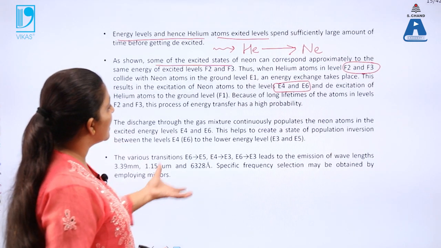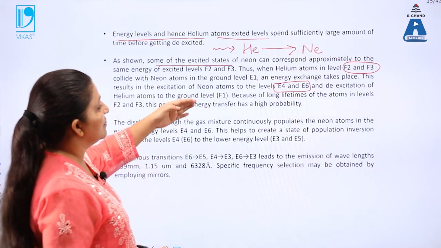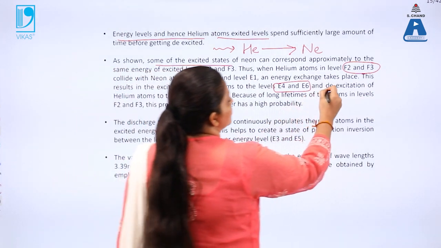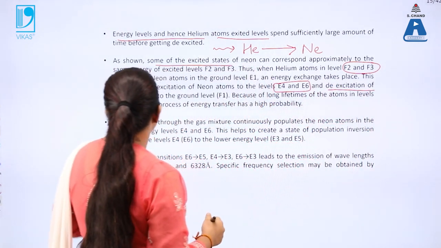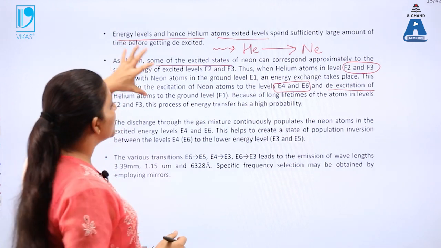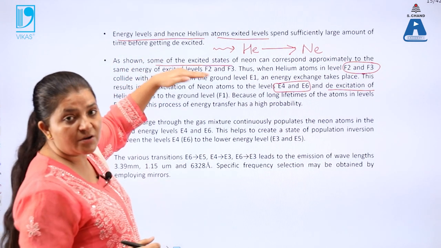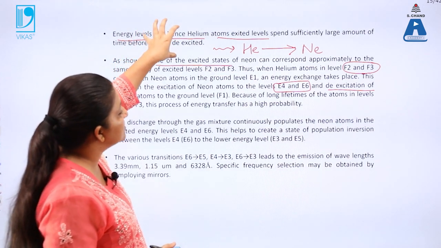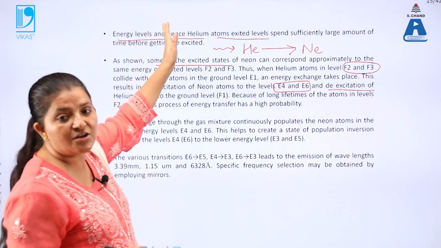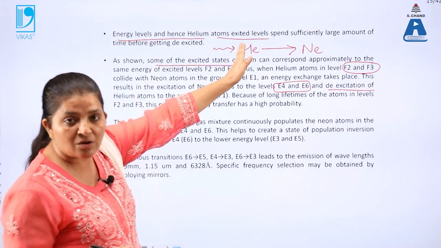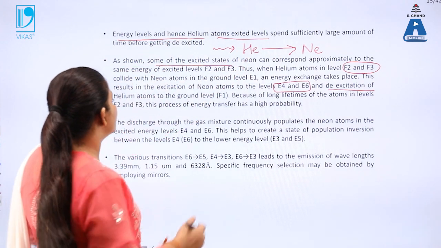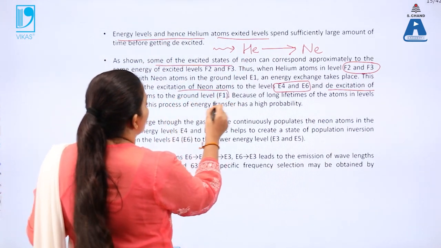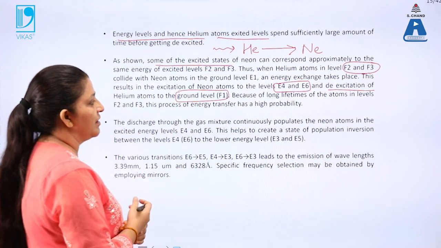That means again the atoms will jump back; there occur de-excitations. Firstly, helium atoms jump from the ground state to the excited state. Then after transferring their energy completely to the neon atoms, the helium atoms jump back to the ground level, that is the F1 level.